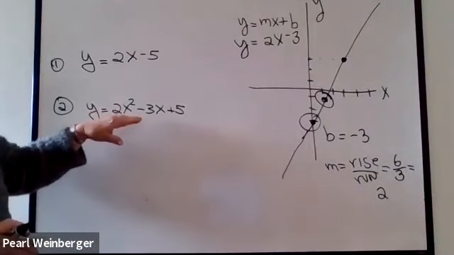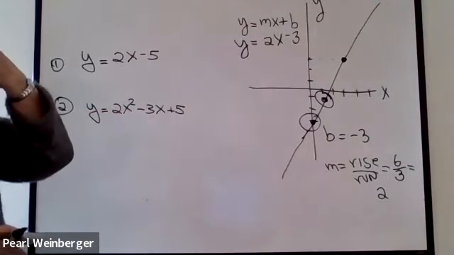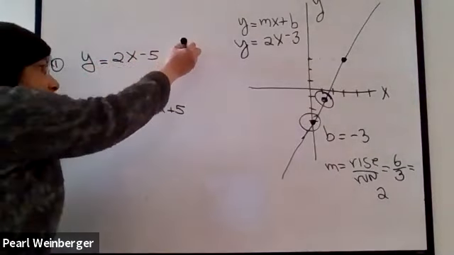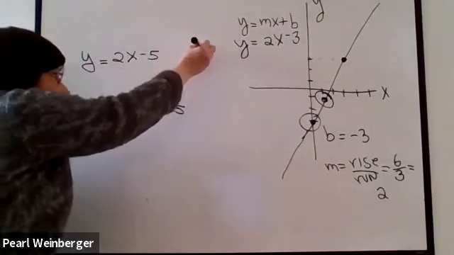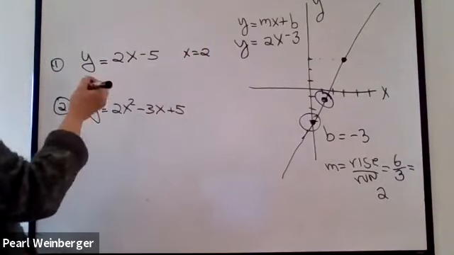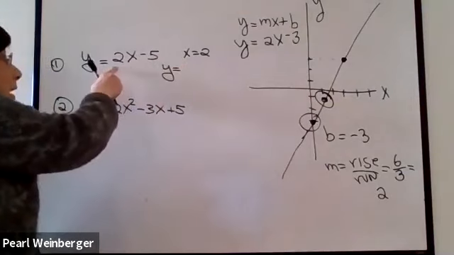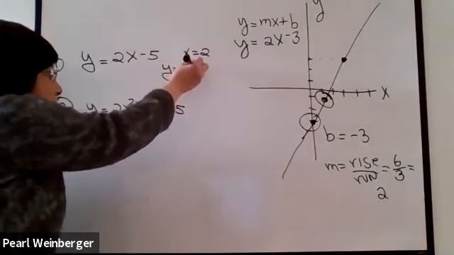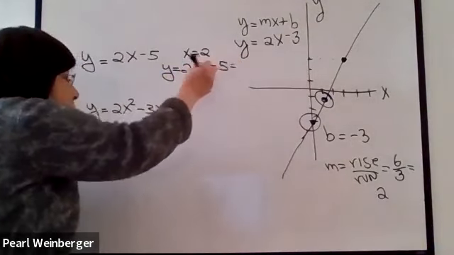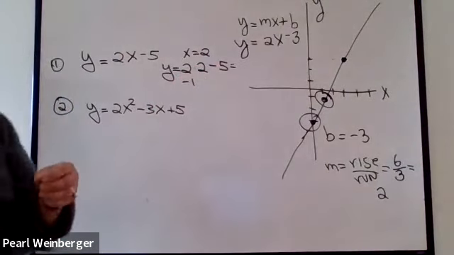But again, it's got two variables, an x and a y. And if you think about it, if I give you the value for x, let's say x equals 2 in this first equation, then you would be able to figure out what y is. You just replace the x with 2 and do 2 times 2 minus 5, which gives me 4 minus 5, or negative 1.